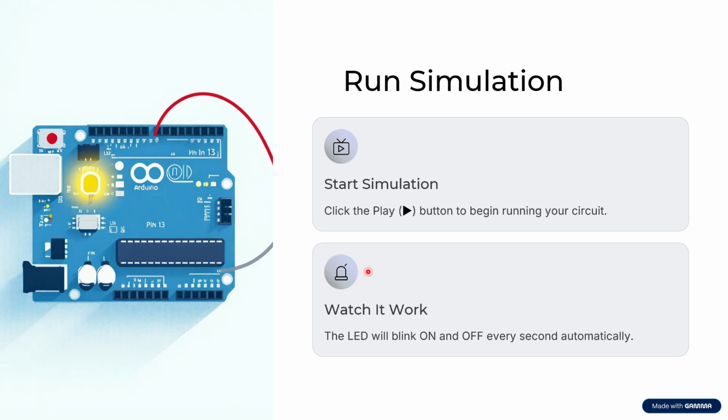Once we have completed the connections and the coding part, it's time to run the simulation. We have the play button to begin running the circuit. Once we have done the coding part as well as the connection part perfectly, we can see that the LED will blink on and off every second automatically.